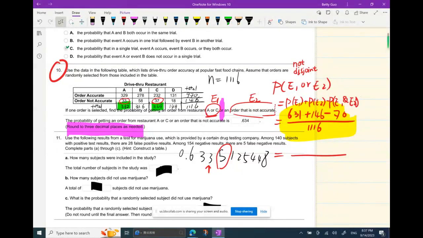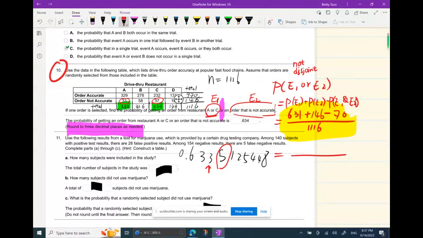You need to be very clear, what is E sub 1? What is E sub 2? And then since we are looking for probability of or, we need to use the addition rule. Before we use it, we have to think about whether the two events are disjoint or not disjoint. In this case, they are not disjoint.